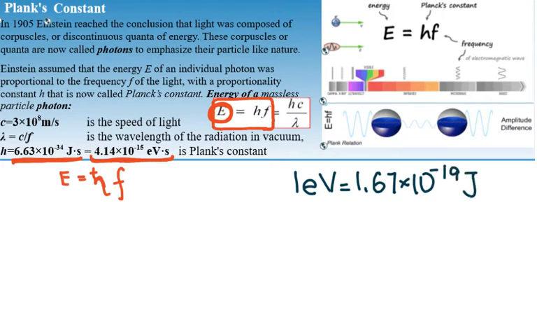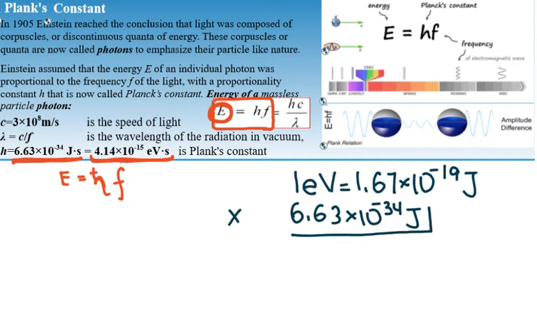So if you have 6.63 × 10^-34 joules, you have to convert this into electron volts. So I have x electron volts, so I'm looking for electron volts is equal to this, and 1 electron volt is equal to that.